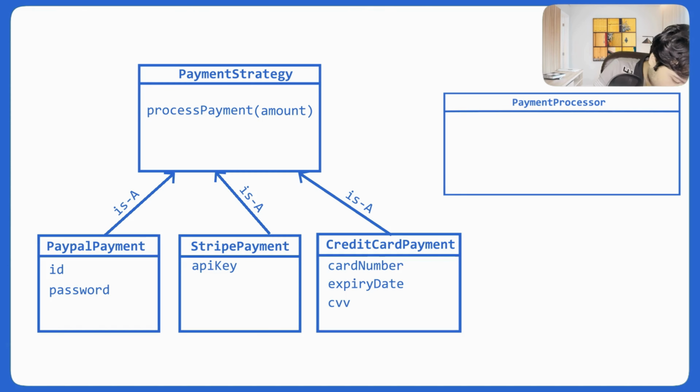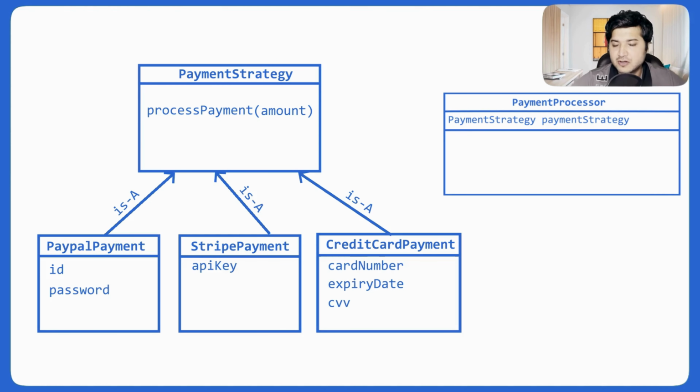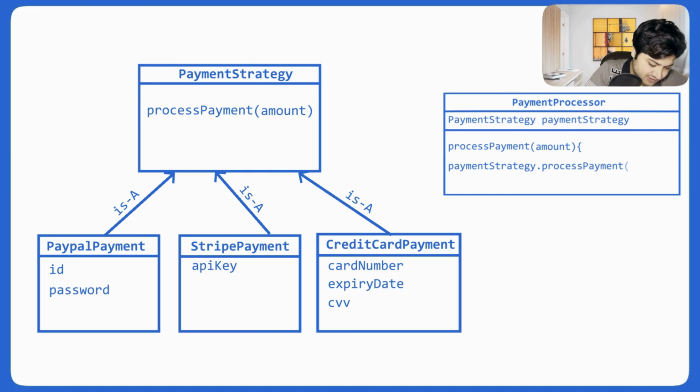The payment processor would always process the payment, so as for the class function, it will have processPayment, and the amount would be passed in the arguments. In processPayment, the payment processor can basically call the payment strategy to process its payment. So in processPayment, what we can do is paymentStrategy.processPayment.